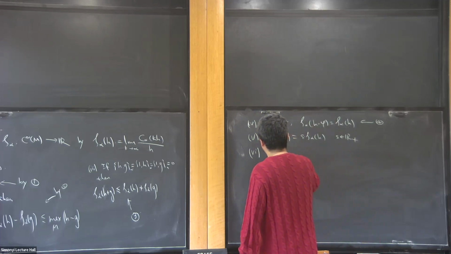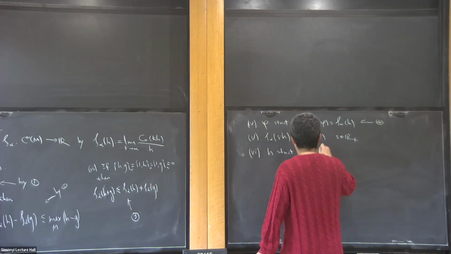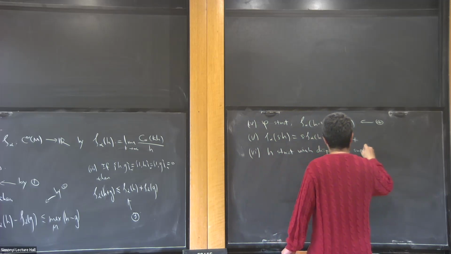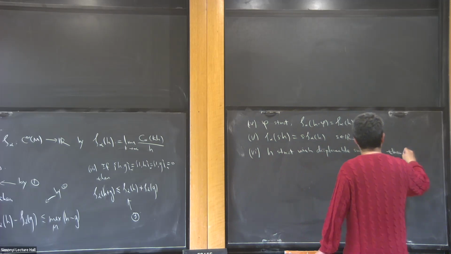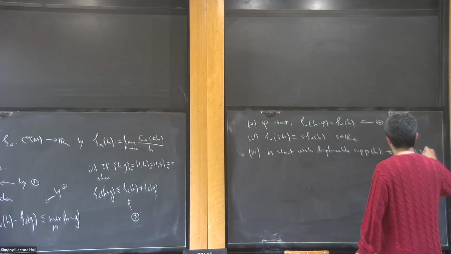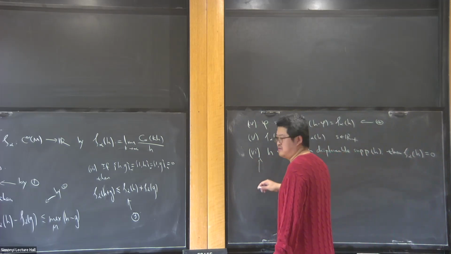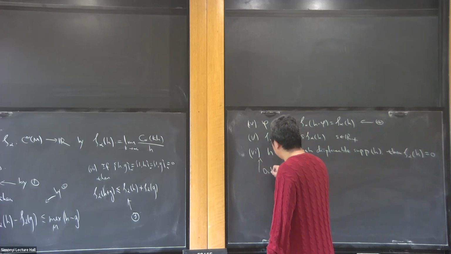Let's see, h is strict with displaceable support. Then zeta alpha h is equal to 0, and in symplectic geometry, this is proved by the famous Oh strip.